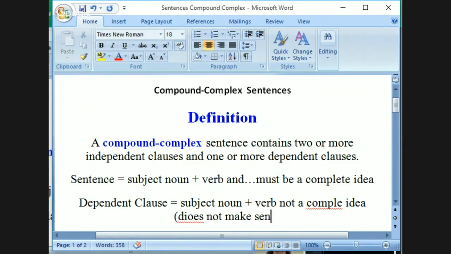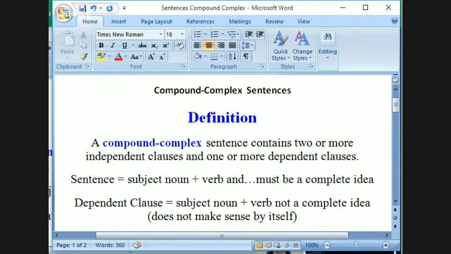So, for example, if I say, when I am tired, that's obviously just a part of a sentence. When I am tired is not a complete idea. It's an unfinished idea, and it's not going to make any sense if I say that to you and don't say anything else. You would say, yeah, when you get tired, what?